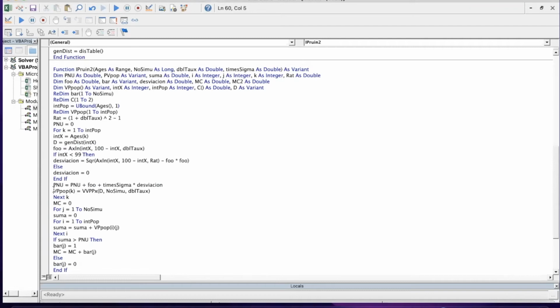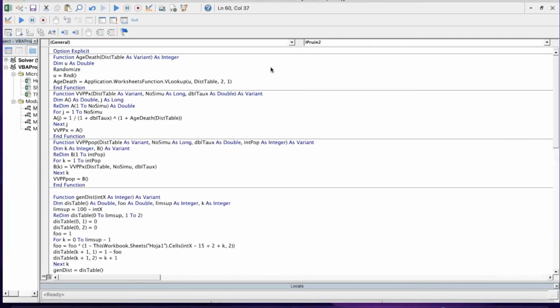Now, for this variable, we're using this function over here, which is the same as this one. Nosimu is basically the number of simulations that we want.